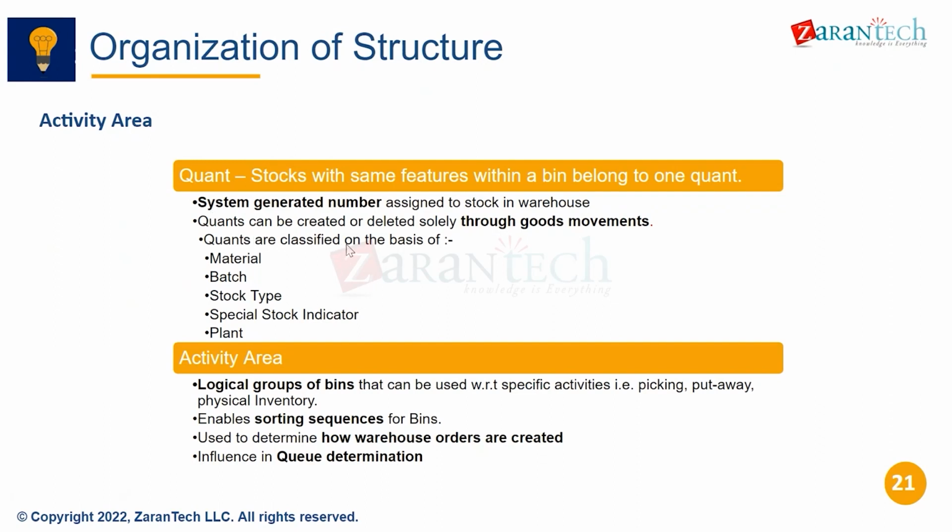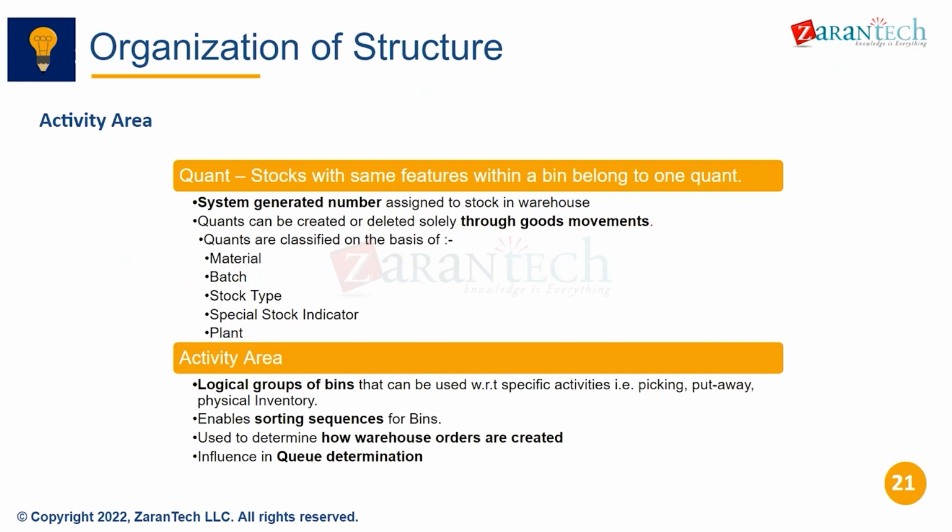For any task you are going to do in the warehouse, the EWM system will create a warehouse task. If you need to move stock from one bin to another bin, SAP will also create a warehouse task, and that warehouse task number will be assigned to the particular operator.